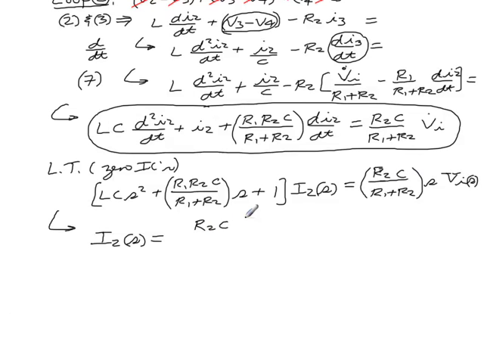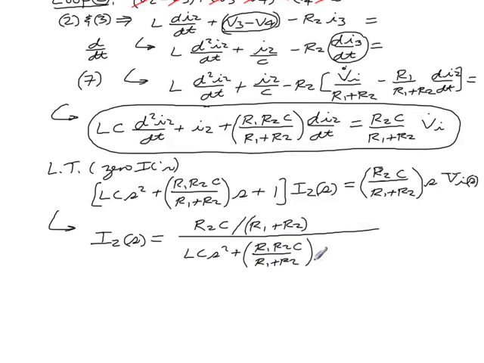In the denominator, I have an LC S squared plus R1 R2 divided by R1 plus R2 times C times S plus 1, all times S VI of S. So there's a factor of S in the numerator.